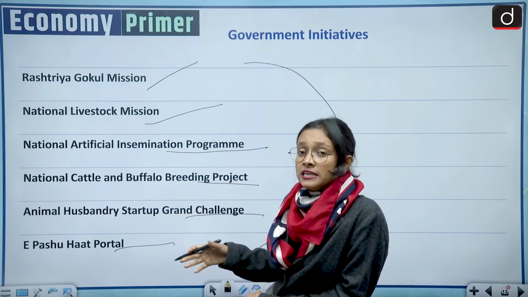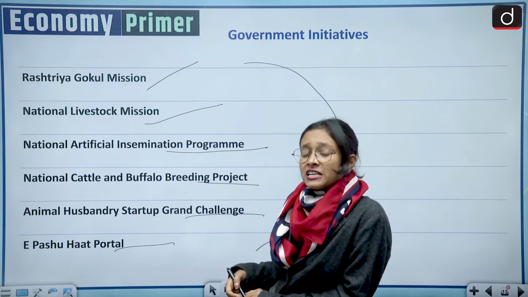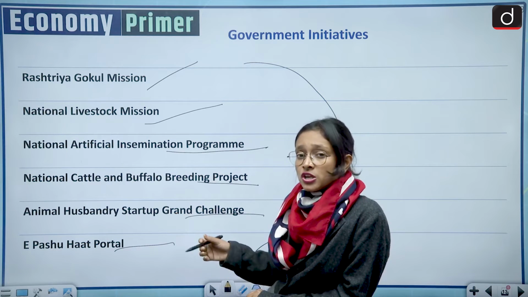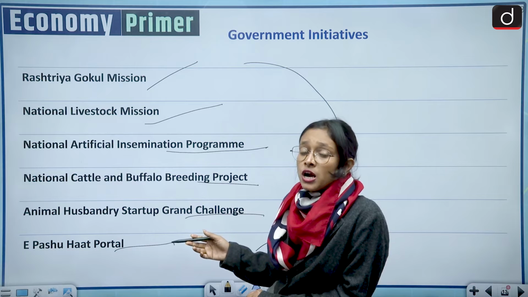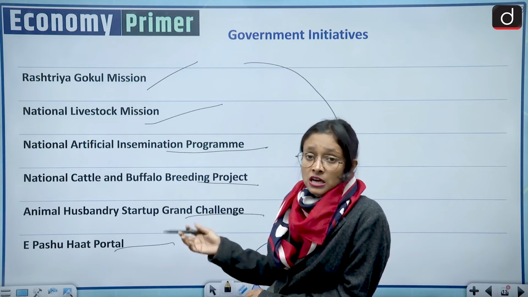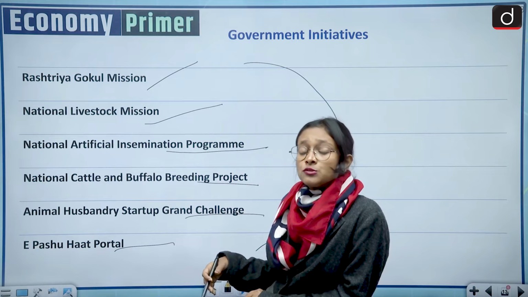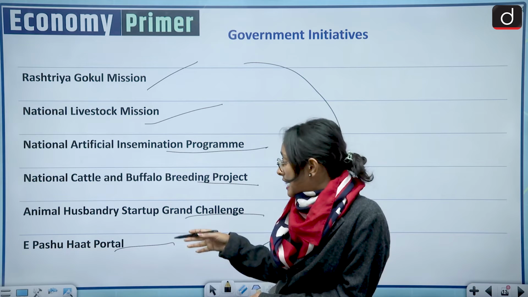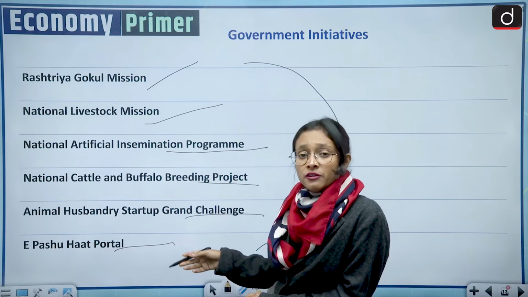The government of India needs to work on this, and there are also ways of introducing such programs, like the insemination program. We don't have enough vets in our country, so we need to increase the number of vet doctors. In that sense, we have to be very careful.